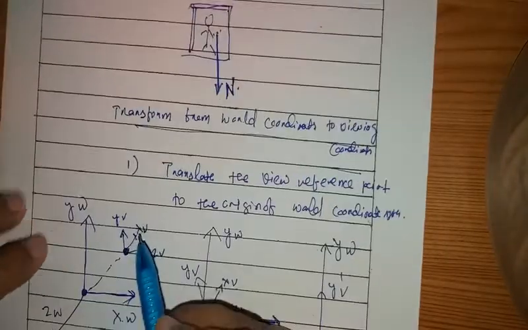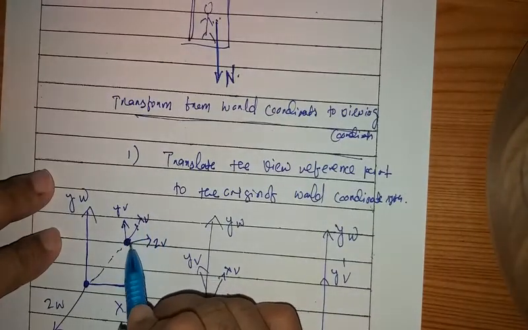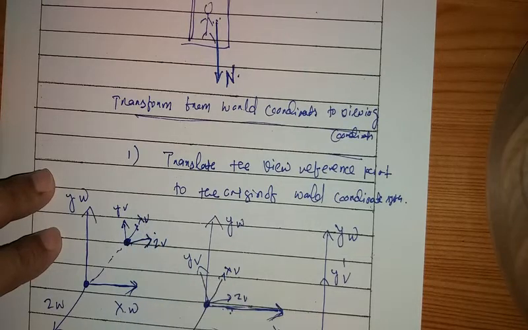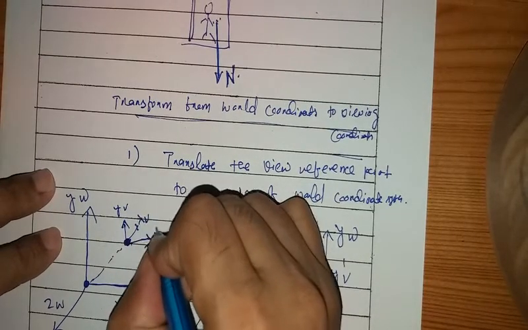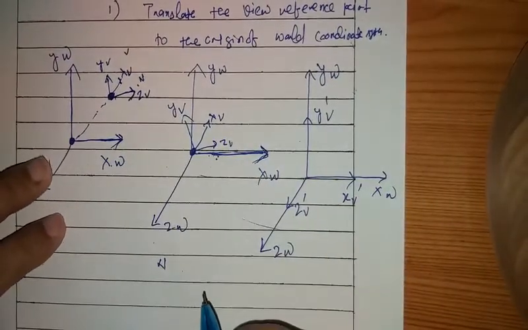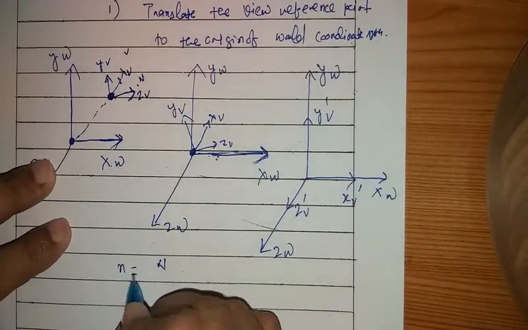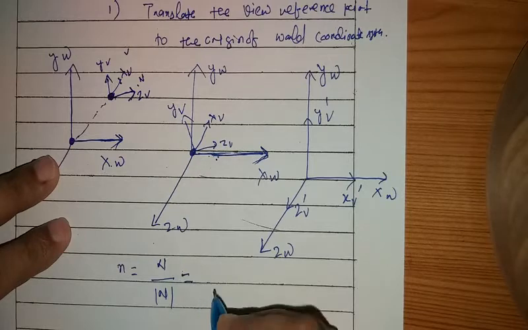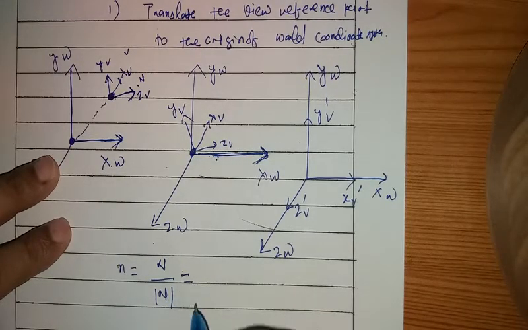In this diagram also you can measure the n vector and v vector. You can simply calculate the normal vector magnitude, or the unit vector in the normal direction.